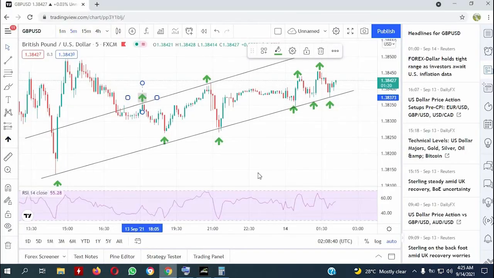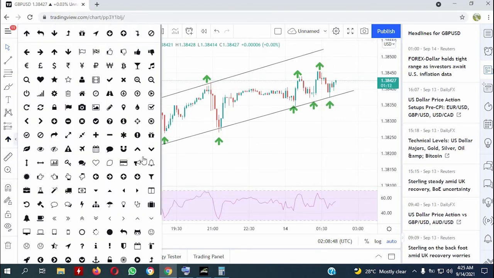Going back to TradingView now. So the market is going up. Let me just put in a symbol to indicate that the market is expected to go up.